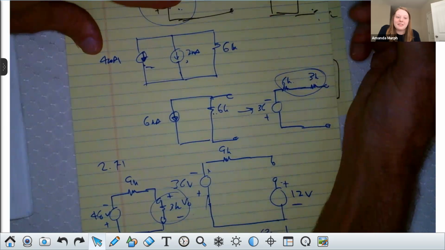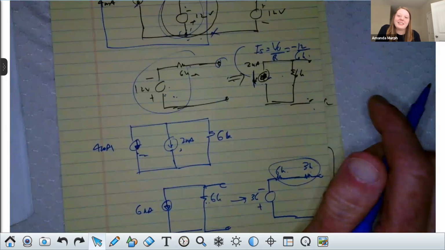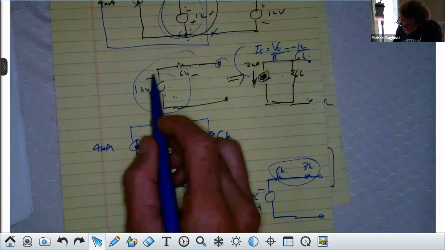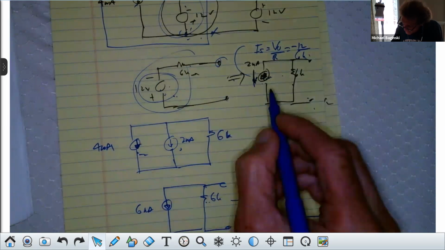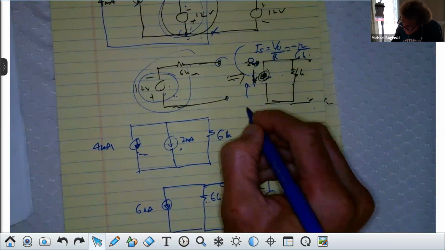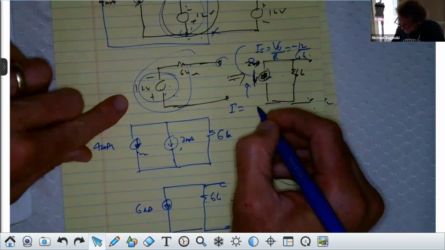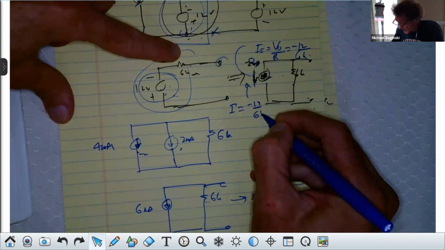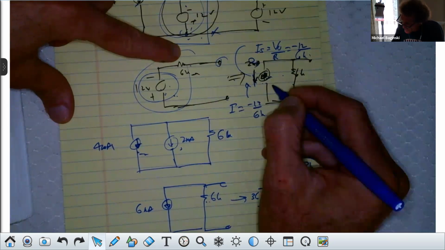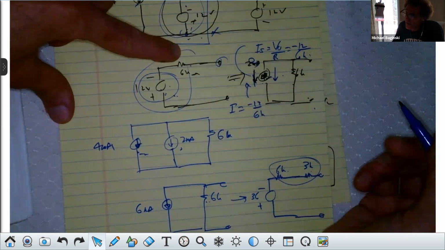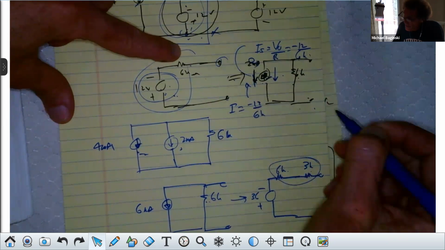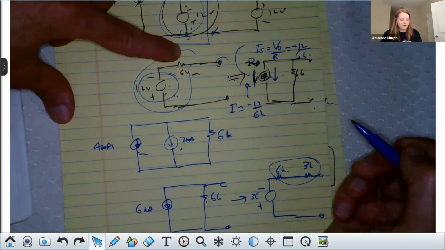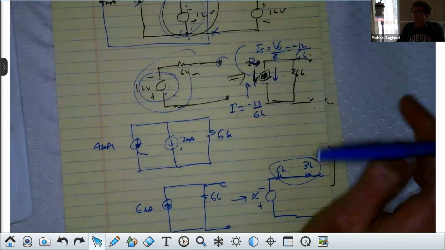Typically the current's going up. That current going up would be the source voltage, minus 12, divided by the series resistance, 6K. That's minus 2 milliamps, which means it's 2 milliamps going down, right? And the resistor just goes in parallel. Okay, got it. Thank you. Sure. That's the whole essence of source transforms.